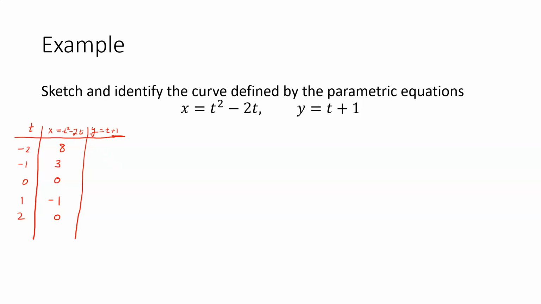For the y coordinate, we'll have negative 2 plus 1, so that will be negative 1. And then 0, 1, 2, 3, evaluating t plus 1 at these various values of t. So you can see that those correspond now with a collection of x y coordinates.